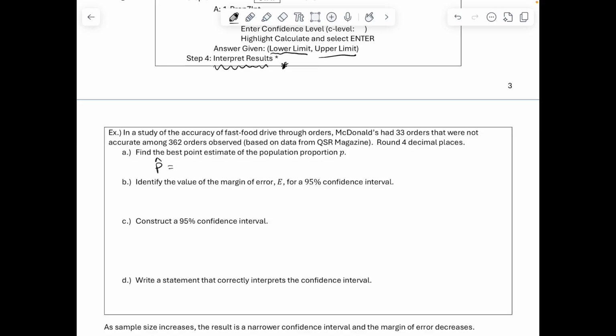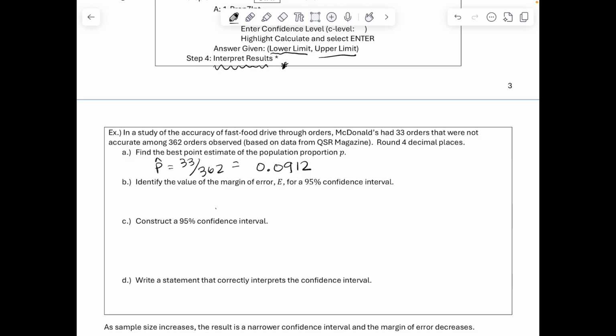The total number of drive-thru orders that were incorrect is 33 out of the total number of orders observed, which is 362. Dividing this on our calculator and rounding to 4 decimal places, we get 0.0912.